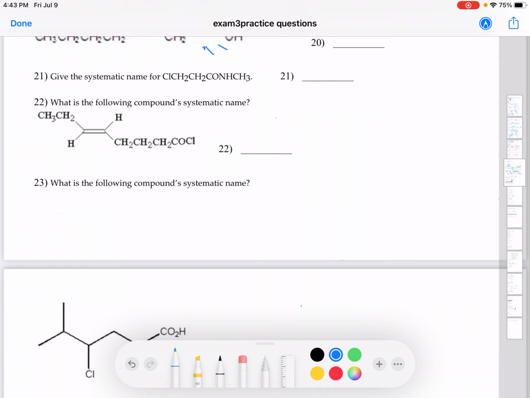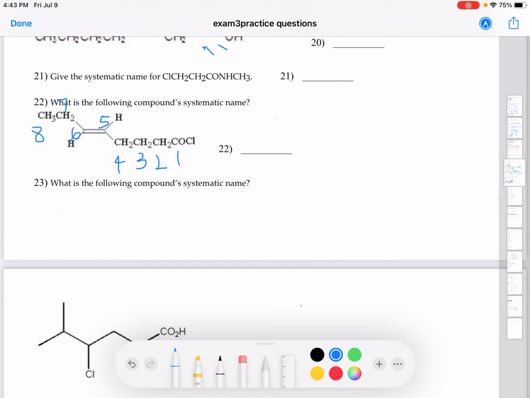And we also want to make sure our carbonyl group would take the priority. 1, 2, 3, 4, 5, 6, 7. There are 8 carbons in the longest chain.